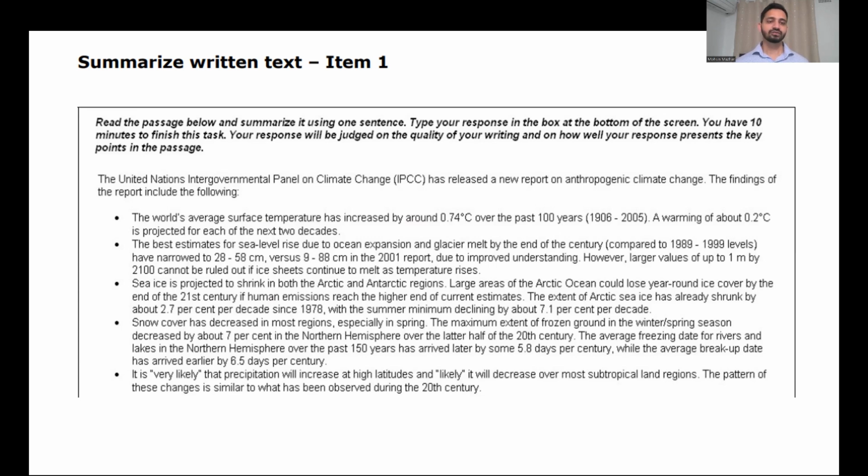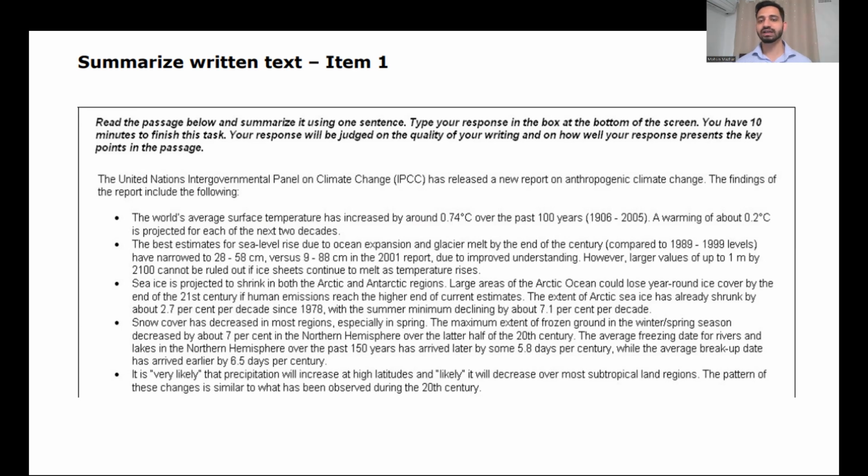The findings of the report include the following. The world's average surface temperature has increased by around 0.74 degrees over the past 100 years, 1906 to 2005. A warming of about 0.2 degrees is projected for each of the next 2 decades.